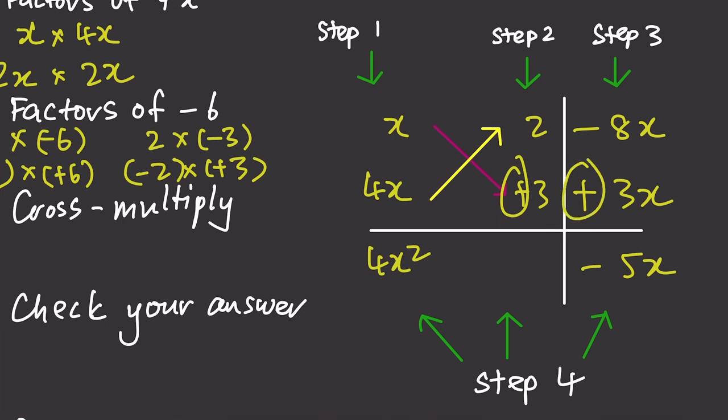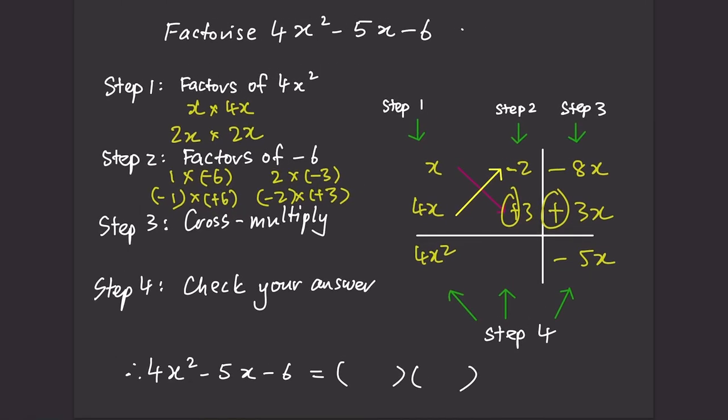So this has to follow this because x multiplied with positive 3 will give me positive 3x, and 4 multiplied with negative 2 will give me negative 8x. Okay, so the actual pair of factors that we were looking for would have been this, right?